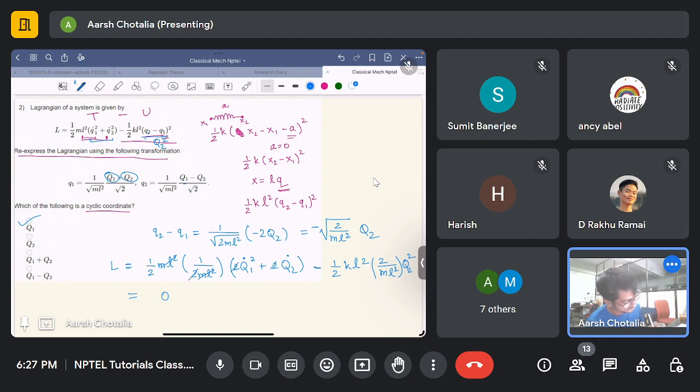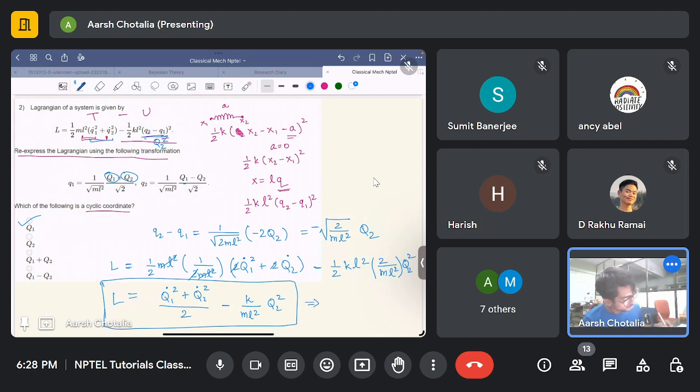So you get (Q1 dot square plus Q2 dot square) by 2 minus k by m l square Q2 square. Is that correct? Yeah. Okay. And clearly it does not depend on Q1. There is no Q1 in the expression.